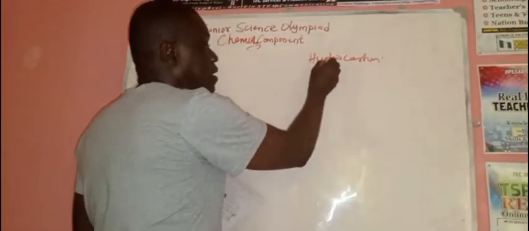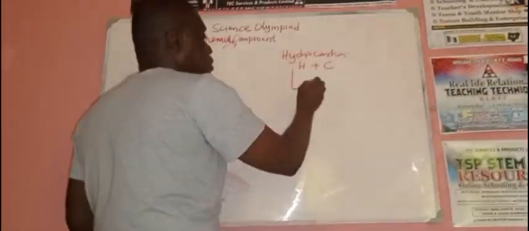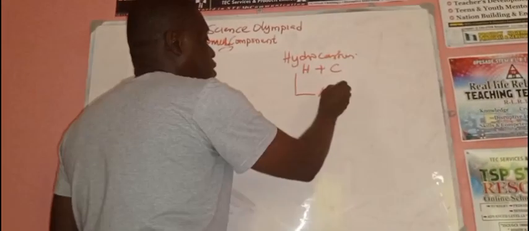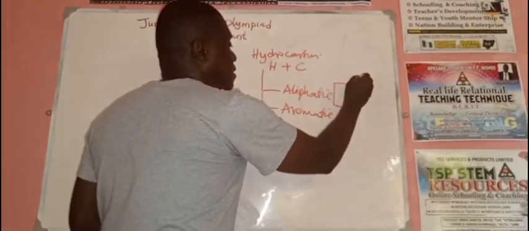From the name, hydrogen and what? Carbon. There are two major types. We have the aliphatic. Because I saw this a lot in this Olympiad junior class, we need to quickly address it, so I want to stay on this for some time. Then we have aromatic. Now this aliphatic is of three types. We have alkanes.